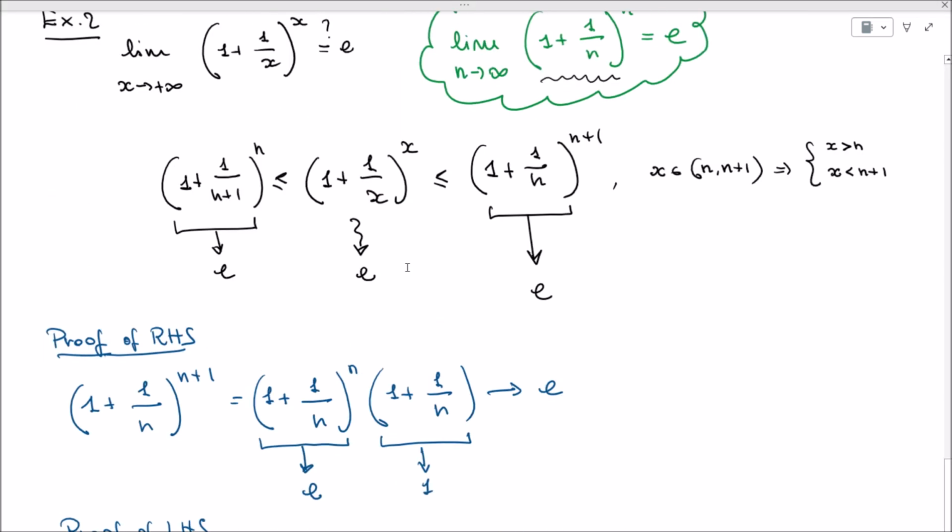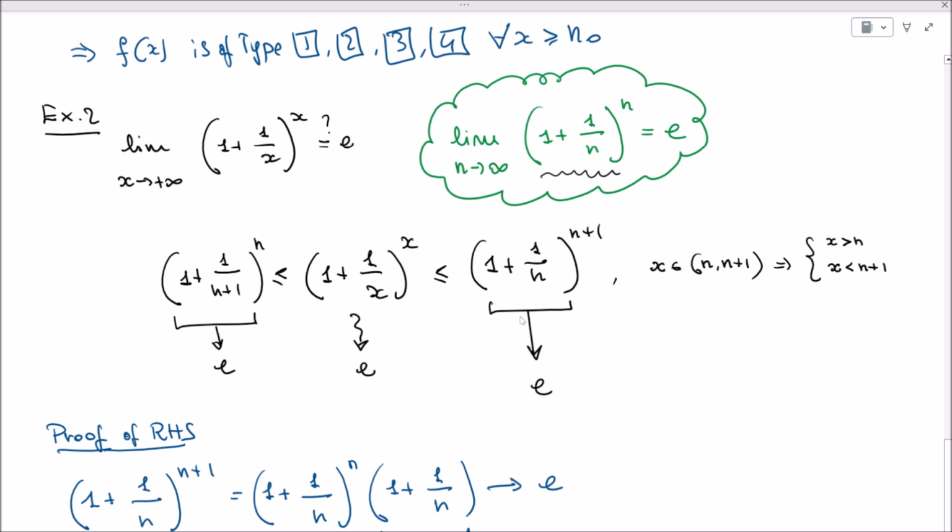Alright, and this will conclude the proof, right? So we were able to prove that 1 plus 1 over x all raised to the x has e as a limit as x goes to plus infinity. So somehow this is just the real version of the sequence that we had on the right hand side.